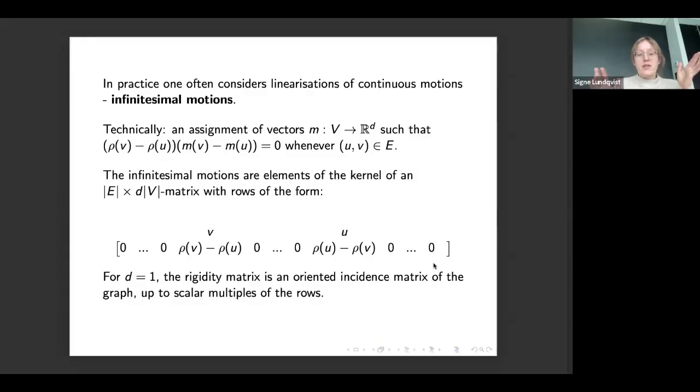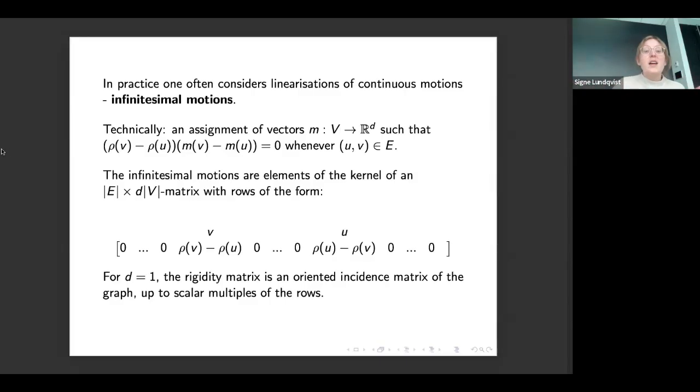So you have an E by D matrix, which is, so the oriented incidence matrix is just an E by V matrix where the entry ij is 1 if the edge e_i starts at v_j, and it's -1 if the edge goes to v_j.